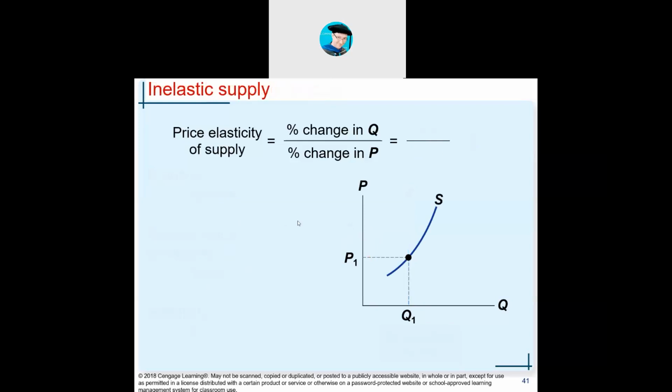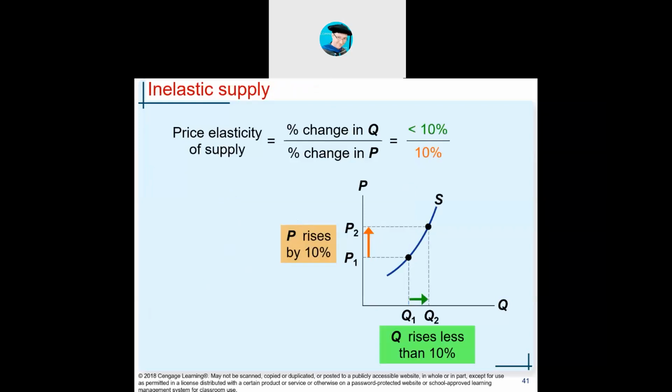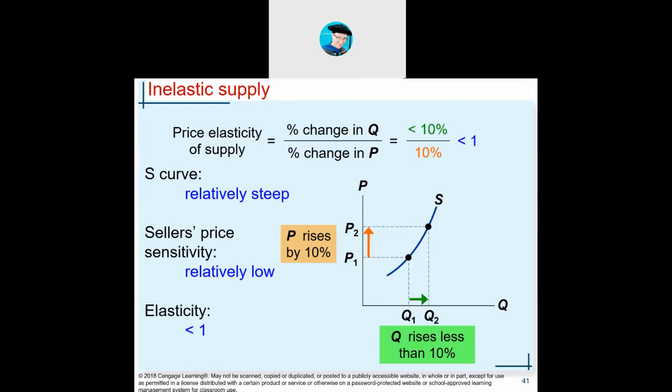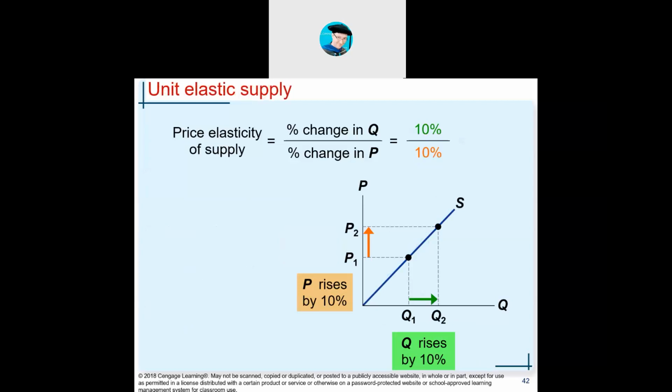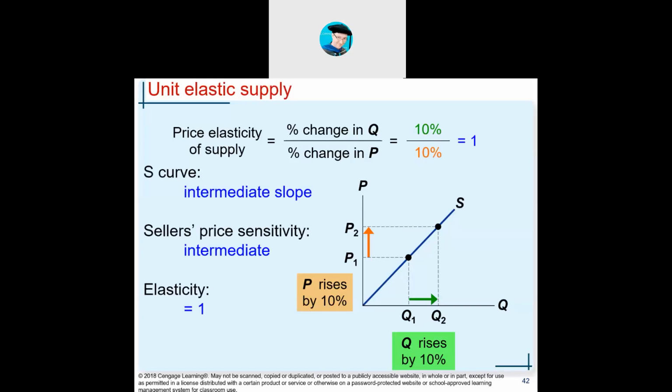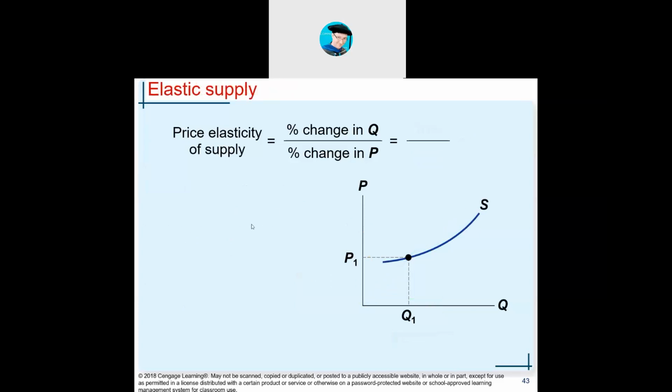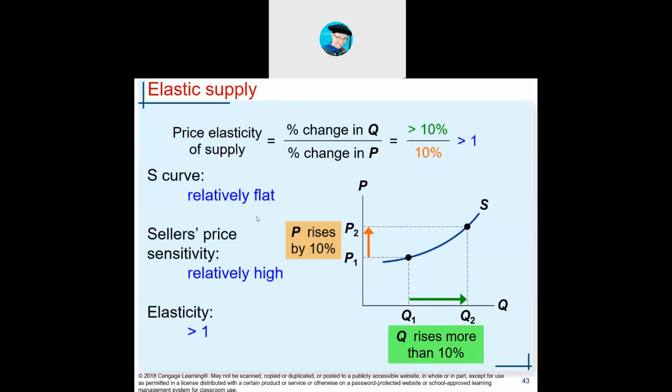If there is inelastic supply, which is less than 1, this sensitivity is relatively low and is steep. Price elasticity of supply, if it's unit elastic, means it's 1, then it's intermediate and there's an intermediate slope. If it's elastic, which means greater than 1, we expect sensitivity to be relatively high.